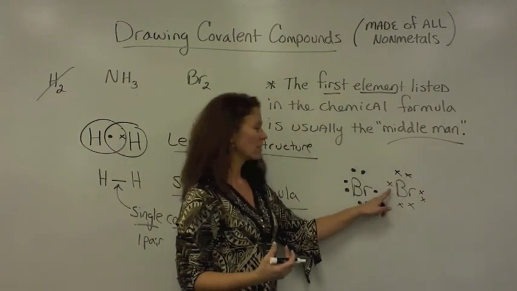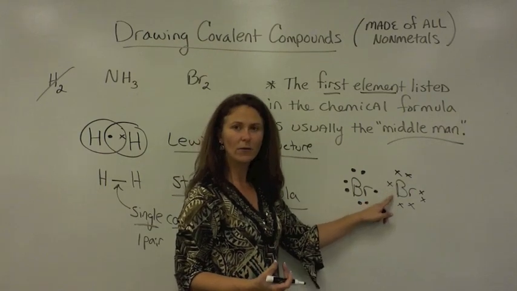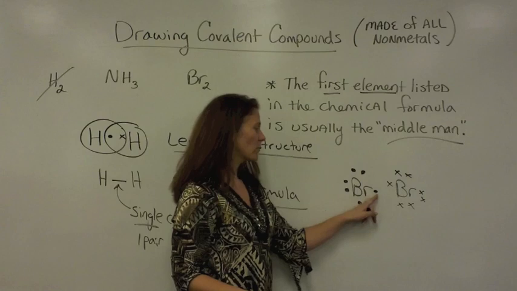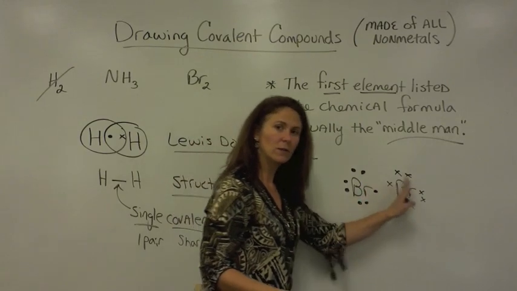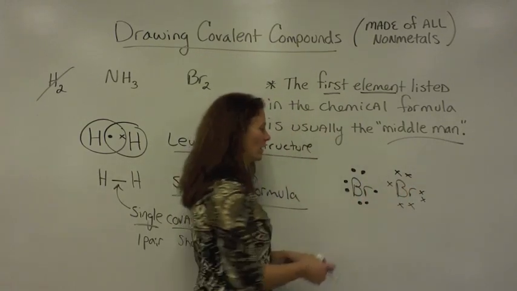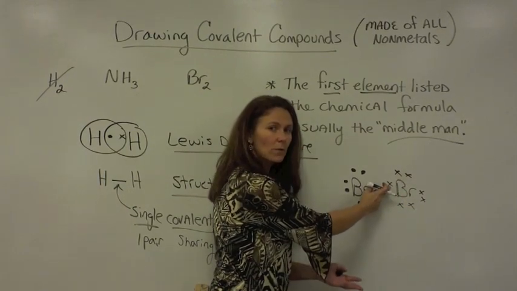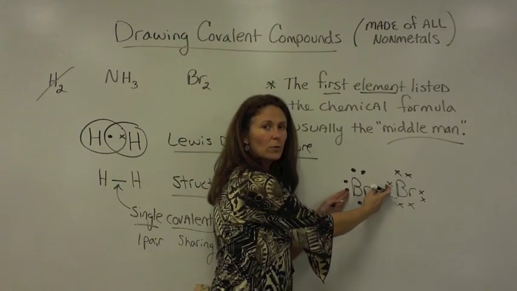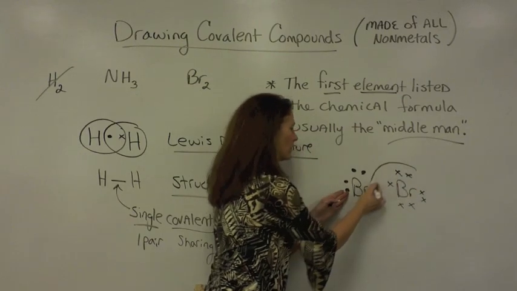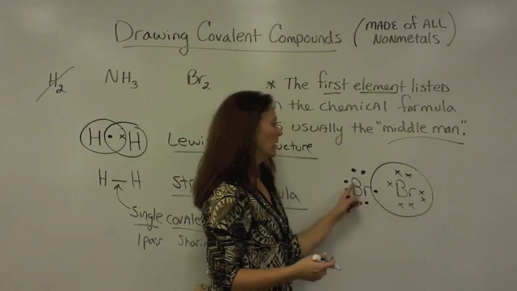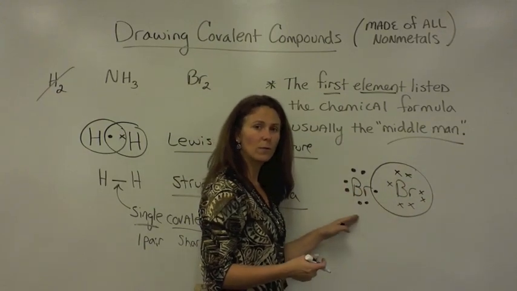Now if you notice, I've left the empty area on the side closest to where I know it's going to bond, as well as on this bromine. I left an empty spot over here because I know it's going to be bonding over here to this bromine. So this bromine now has 7. It wants 1 more, so it's going to borrow 1 from this bromine over here. But basic rule of thumb, if it borrows 1, then this bromine is going to be able to borrow 1 back.